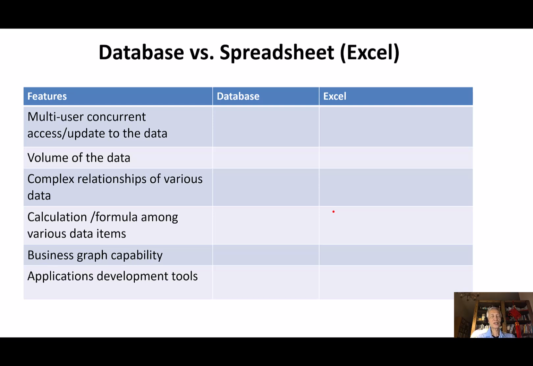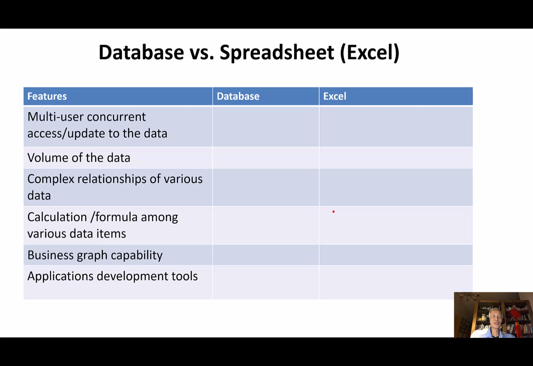However, it's not as flexible, powerful, or convenient as a relational database. So when should you use Excel, and when may Excel be reaching its limit, so that you're talking about a database solution?